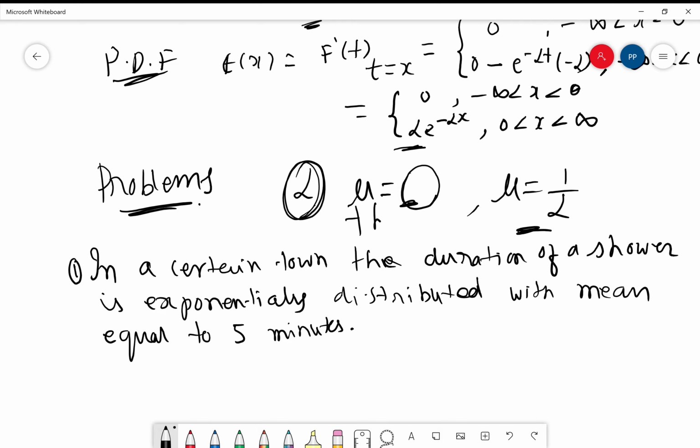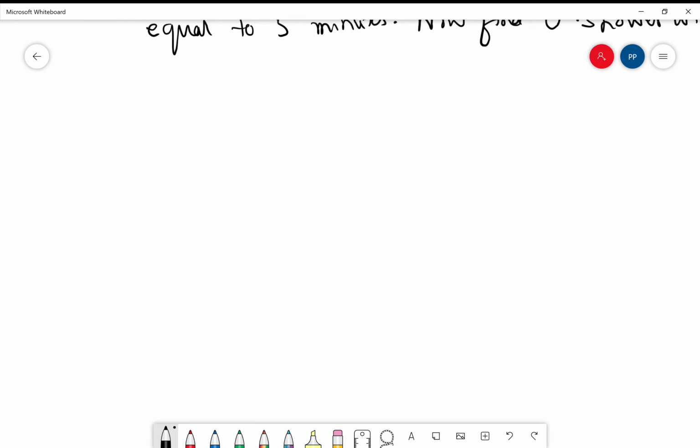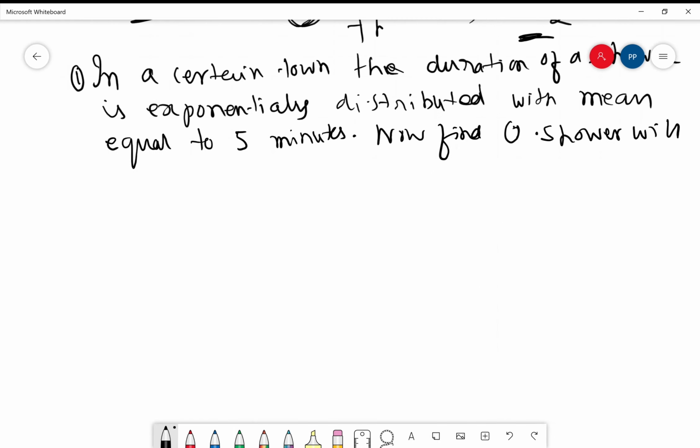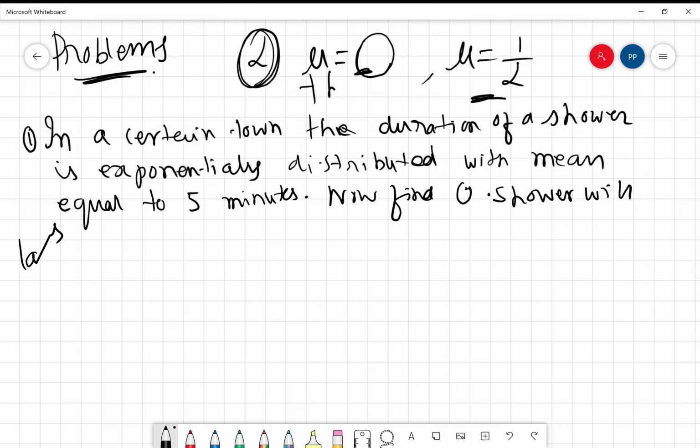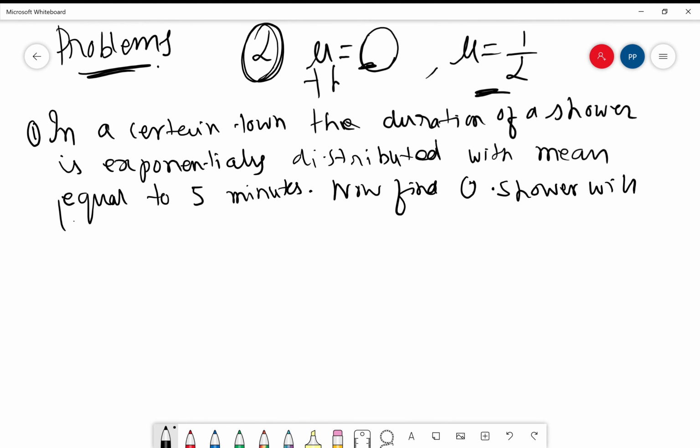Now find: number 1, a shower will last for 10 minutes or more.